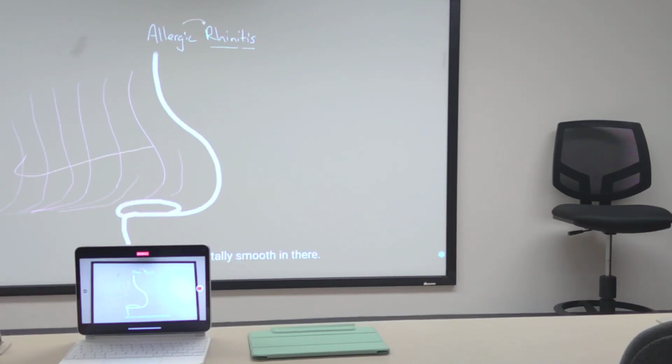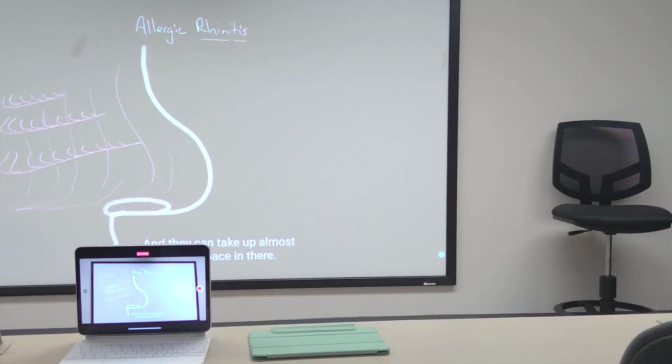And mucosa lines everything inside your nose. But it's not just totally smooth in there. There are these bones that stick out that are called concha. They're called concha because they're kind of coiled like little snail shells. Draw those in like this. These concha kind of stick out from the side of the wall of the nose, and they can take up almost all the space in there.